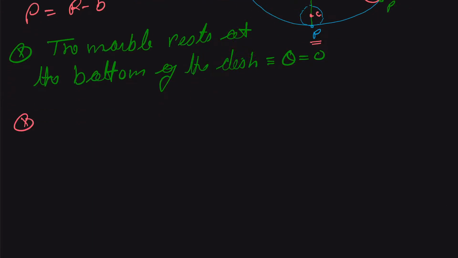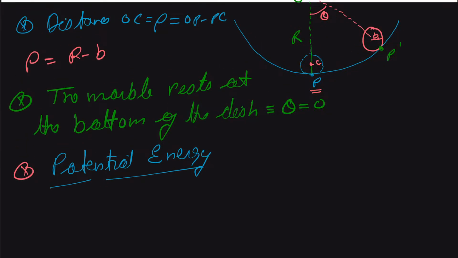So we can say that the potential energy, and this potential energy, we can say that at the lowest point, okay, so let us find out its potential energy at point P prime.